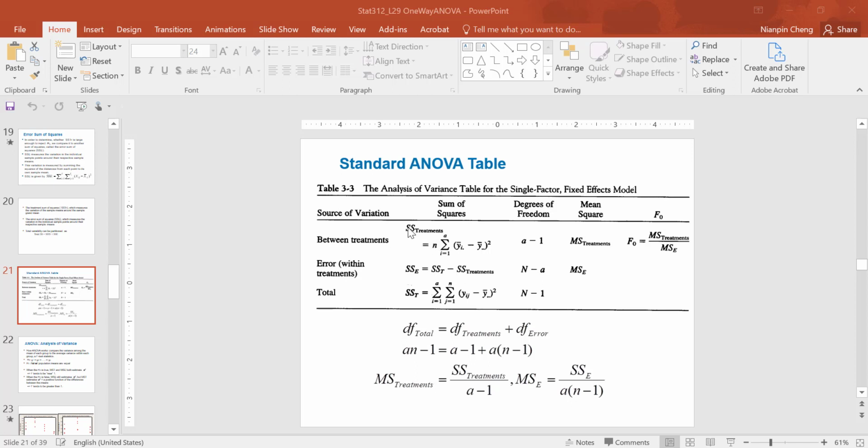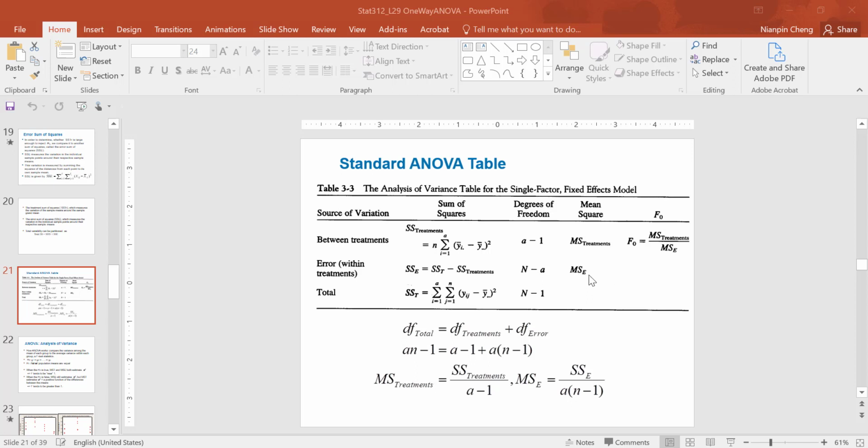So we calculate this SST and the sum squared error SSE. We also know these two add together to give the sum squared total, the total variation. And we know the degrees of freedom, and we calculate the treatment mean squared and mean squared error.